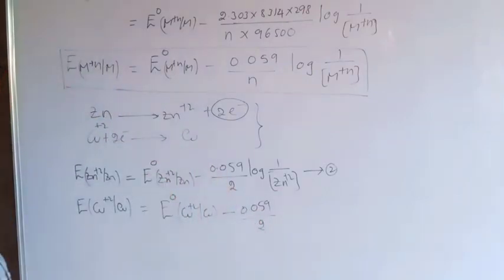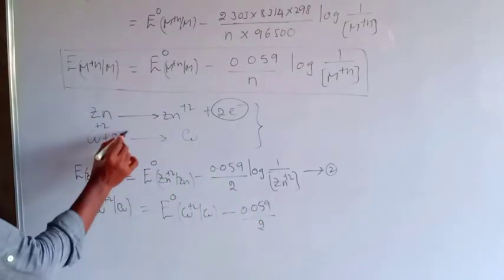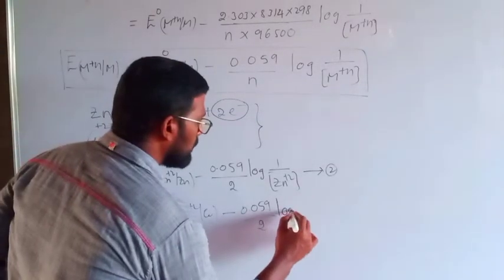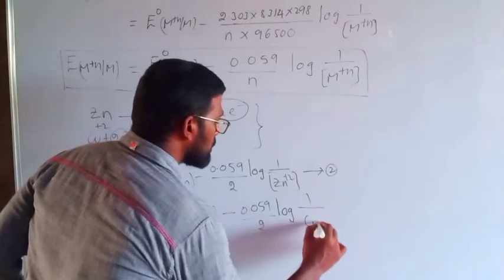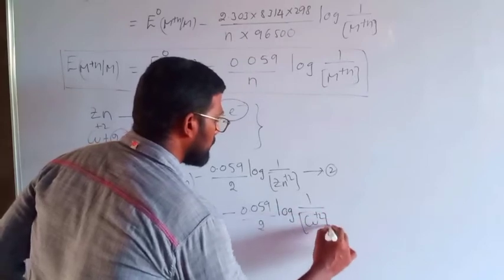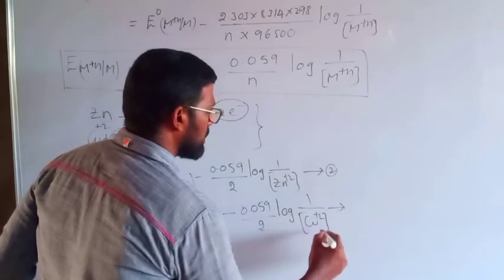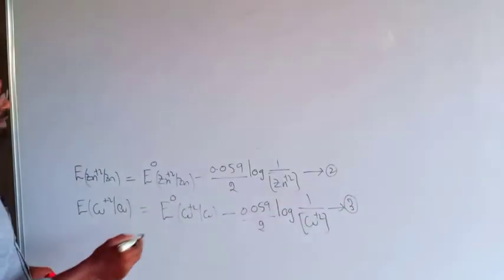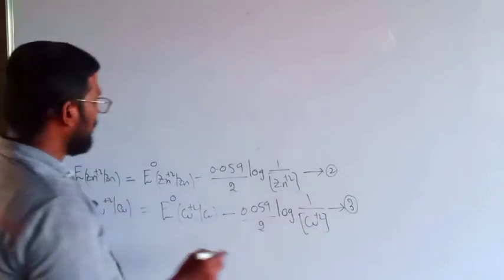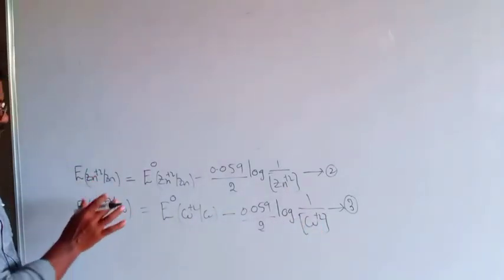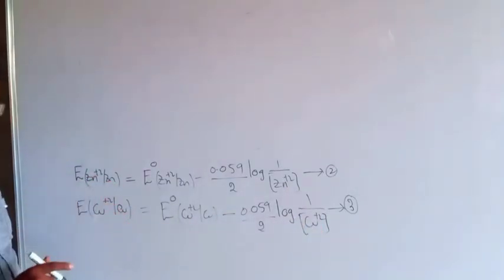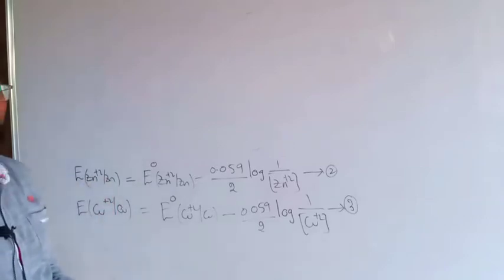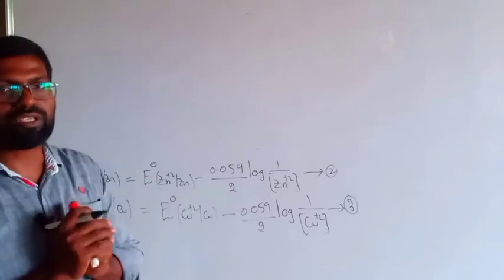Here also I am writing 2 because here also the number of electrons transferred is 2, into log 1 by Cu plus 2 concentration, the molar concentration of Cu plus 2 ions. Let it be equation number 3. Now here equations 2 and 3 are the reduction potentials of zinc and copper respectively. From these two values we can determine the total cell potential.